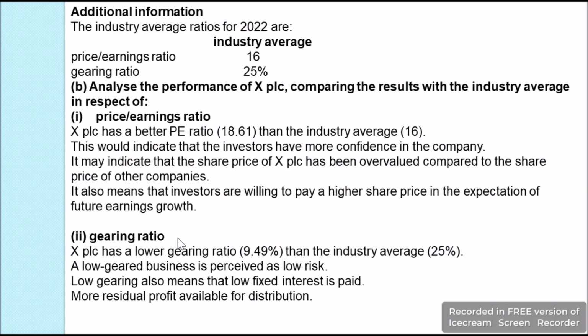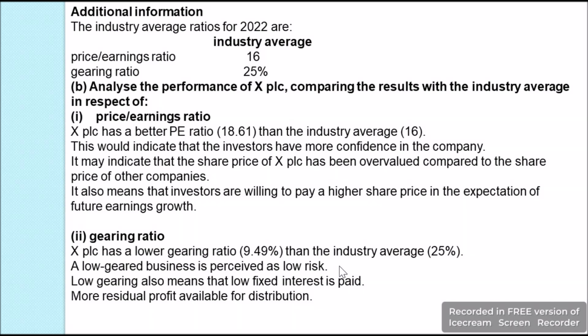Then in the gearing ratio, we are asked again to compare the gearing ratio as well. If you remember, we have calculated the XPLC gearing ratio, which was 9.49%, and here the industrial average is 25%. That means XPLC has a very low gearing ratio, and a low gearing ratio means the business is in a very less risky zone.